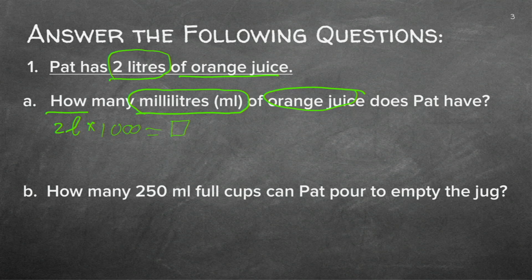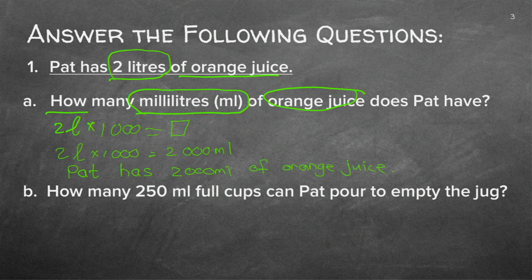And now I do my calculation, and this is where mental maths is fabulous. 2 liters times 1000 will be equal to 2000 milliliters. And now I write my answer in a sentence, and I will say Pat has 2000 milliliters of orange juice. So that's the 3 steps you need to follow.